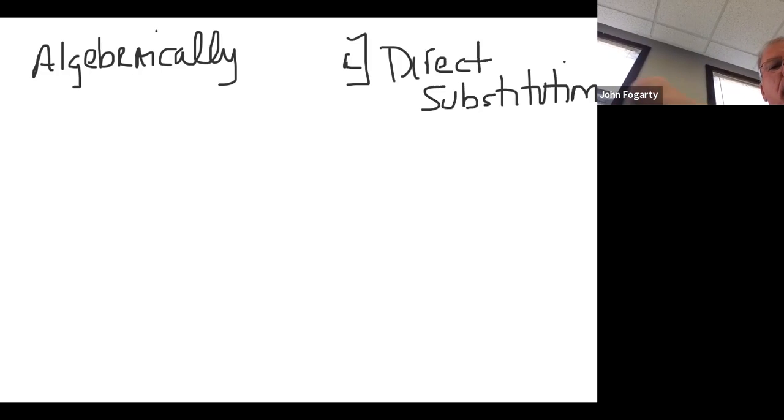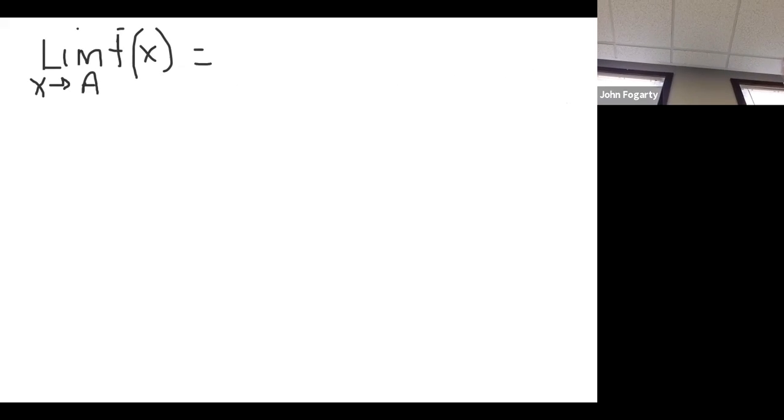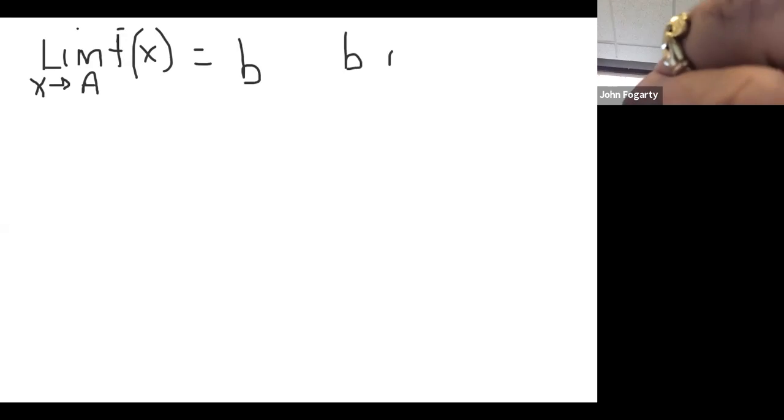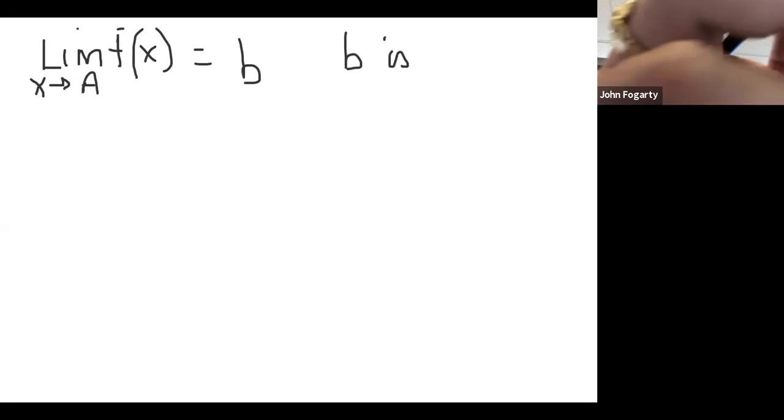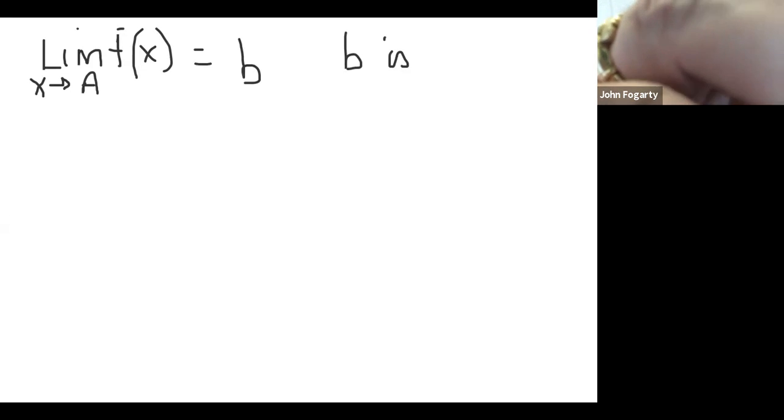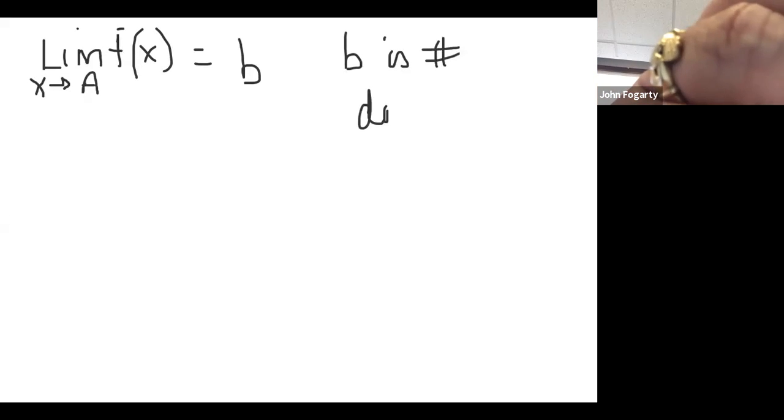So if I say to you, what is the limit as x approaches some number a of f of x, and you do direct substitution and you get a number b, then you are probably done.